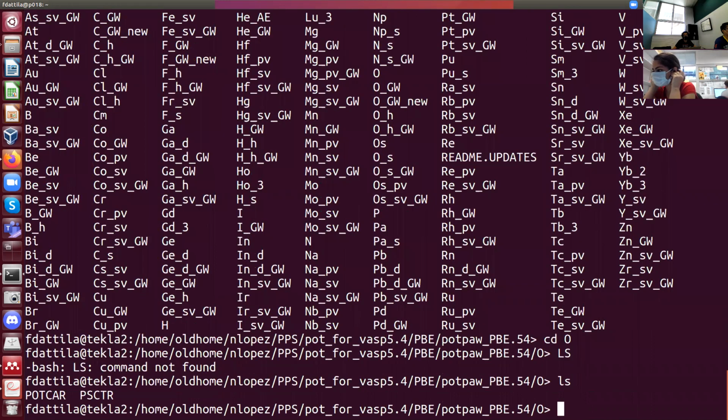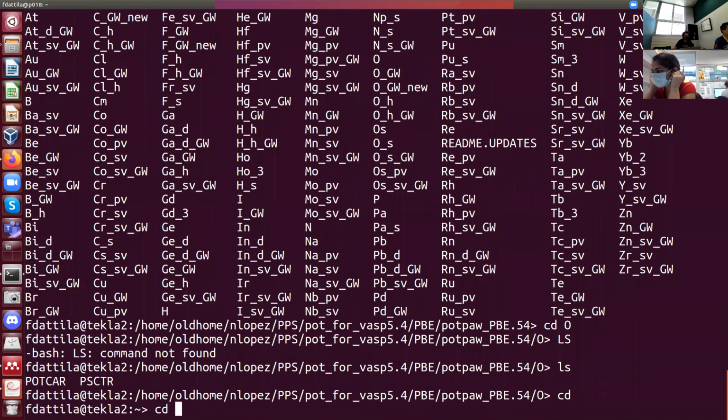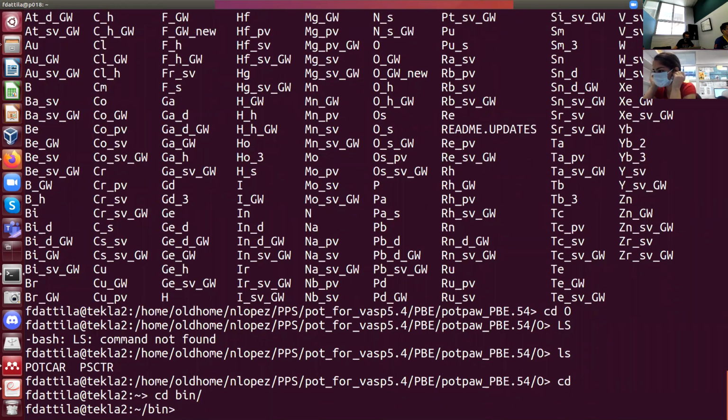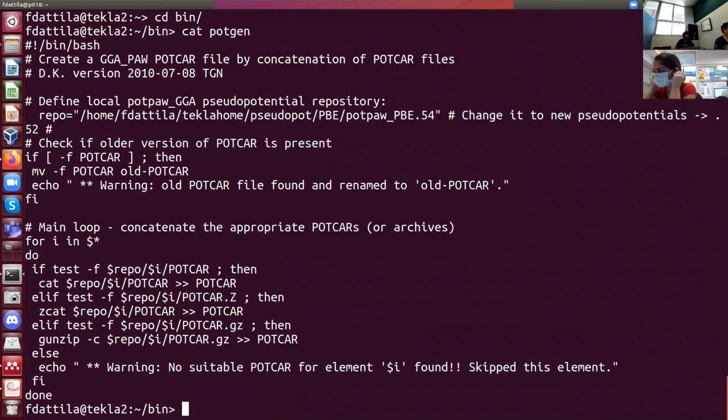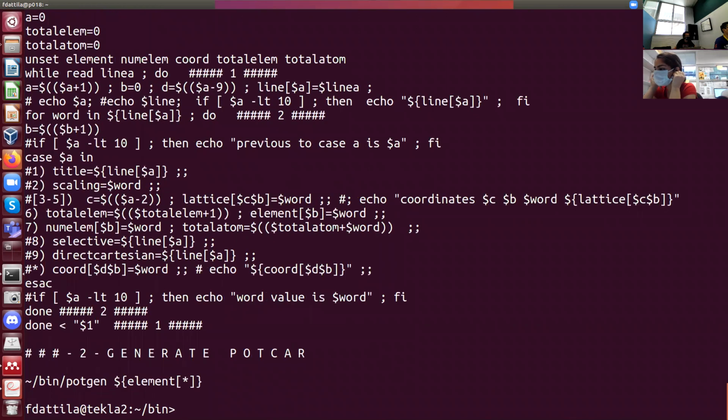And usually, at least in my case, I have a script to do that, and also all of you in the future will have a script. So in my case, I have a script that takes the coordinates from the POSCAR and then generates the POTCAR, applying another script that is called potgen.